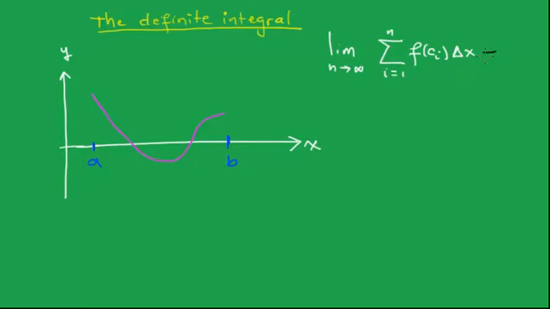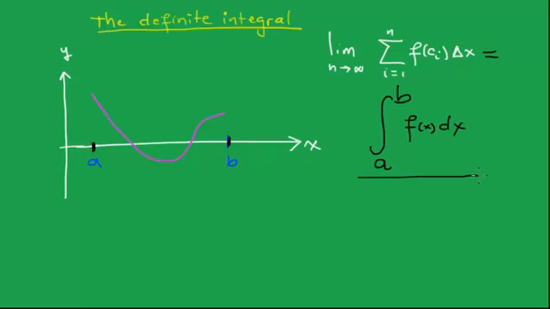so this is equal to the integral. Now we're going to write numbers from a to b, provided that we are using the interval ab. So now we're going to write from a to b of f of x dx.